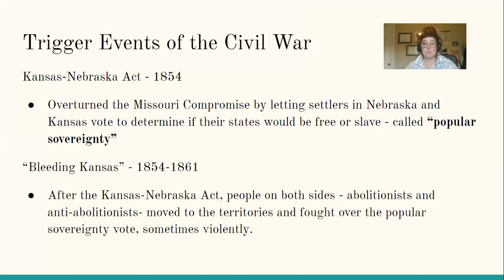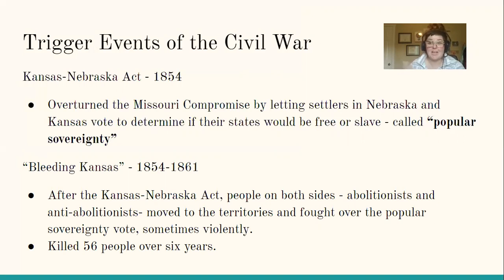For the next 6 or 7 years, people on both sides, abolitionists and anti-abolitionists, uprooted their whole lives and moved to these new territories and then fought over this popular sovereignty vote, and sometimes literally fought violently. The estimates are it killed as many as 56 people over 6 years in these abolition versus anti-abolitionist arguments, riots, and protests.